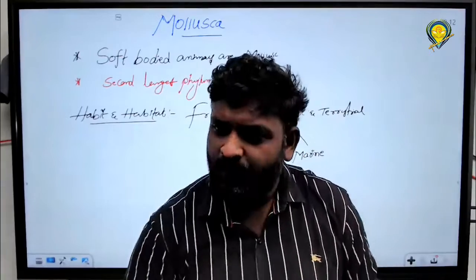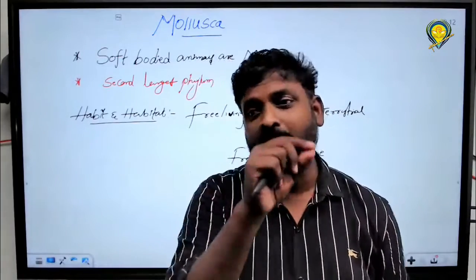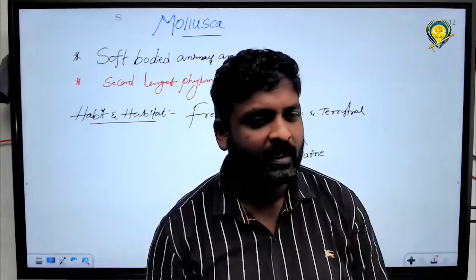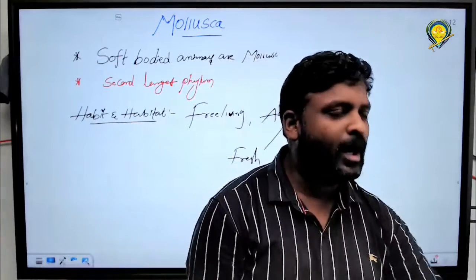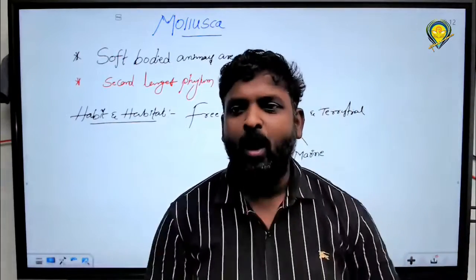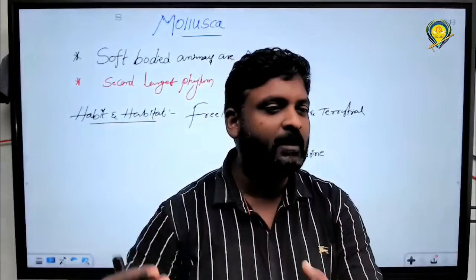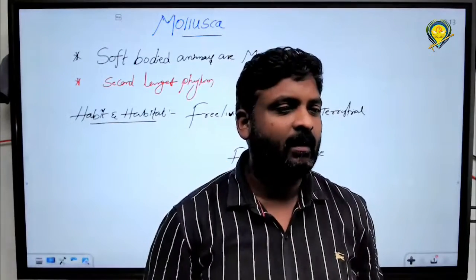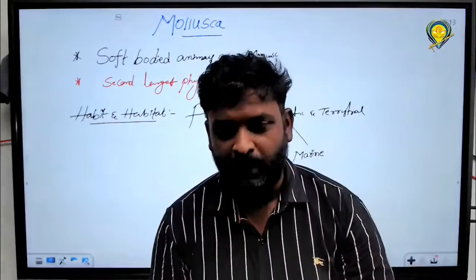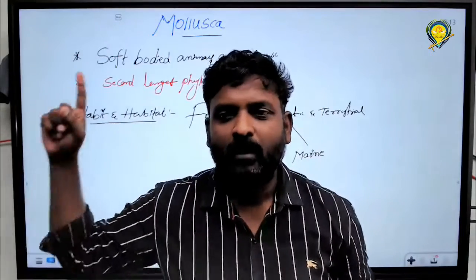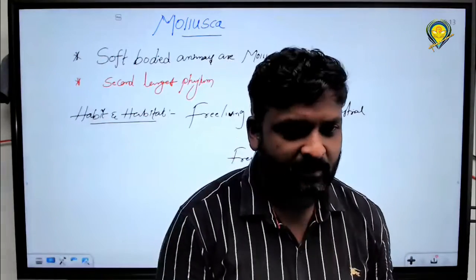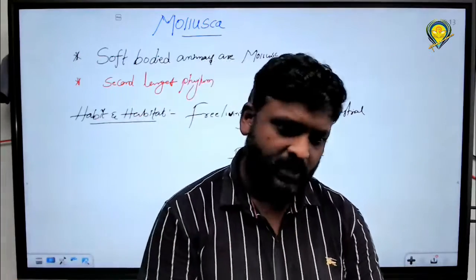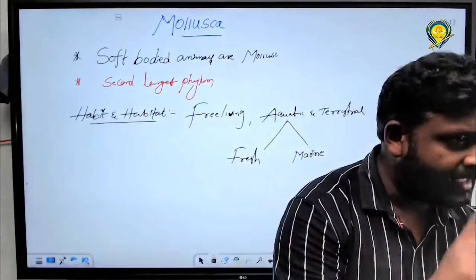Neopilina galatea is one such animal with internal segmentation, but it is not considered, because almost all animals of the phylum Mollusca are unsegmented, as per NCERT. Annelida and arthropods are segmented, but Mollusca is unsegmented. So: organ system level, triploblastic, unsegmented.